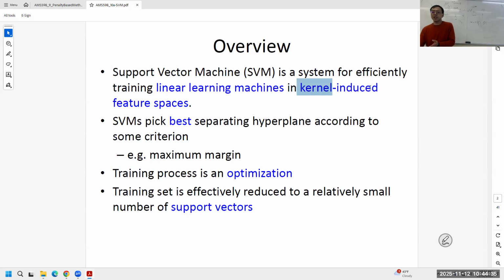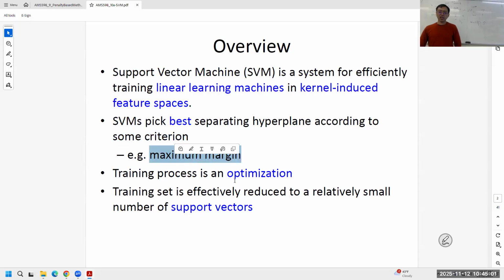What are kernel-induced features? What is a linear learning machine? If it doesn't make sense to you, it's okay, I'll explain later. I just want to give you the high-level SVM overview first. SVM picks the best separating hyperplane according to some criteria, in this case called max margin.